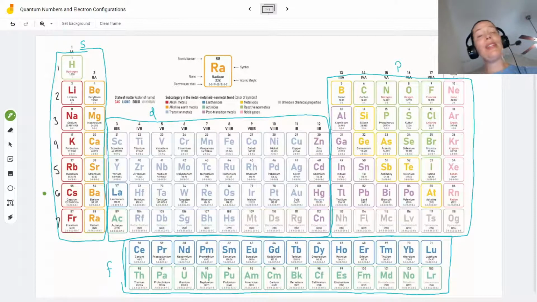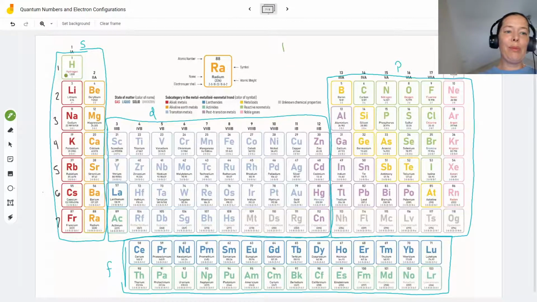Let's start with the electron configuration for hydrogen because it has one electron and I find it's the easiest. So the first thing I want to write is its principal quantum number. Basically, what row is it in? Well, hydrogen is in the first row, so I'm just going to write a 1 down. Next, which orbital is that electron in? Is it an S, a P, a D, or an F?